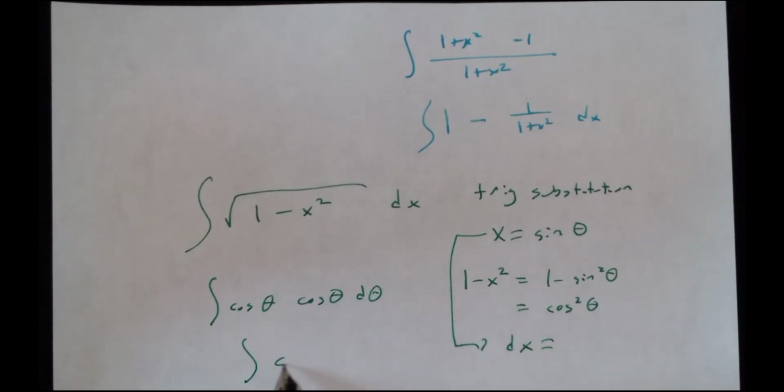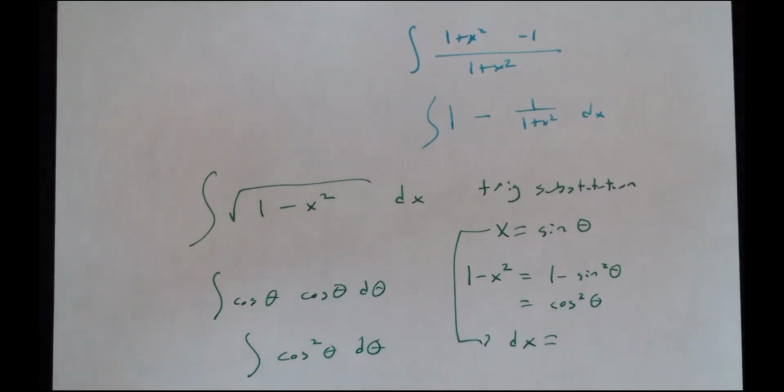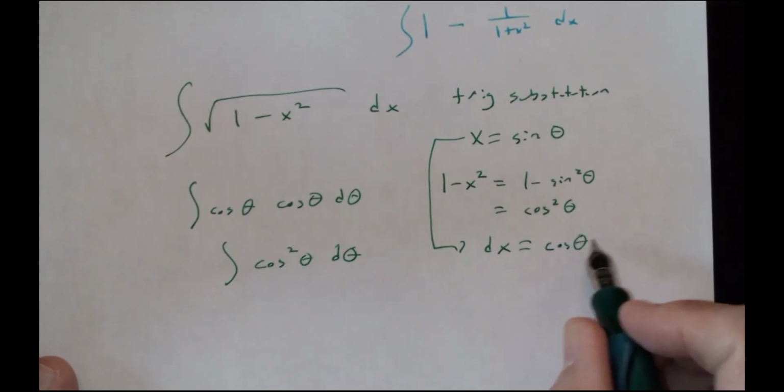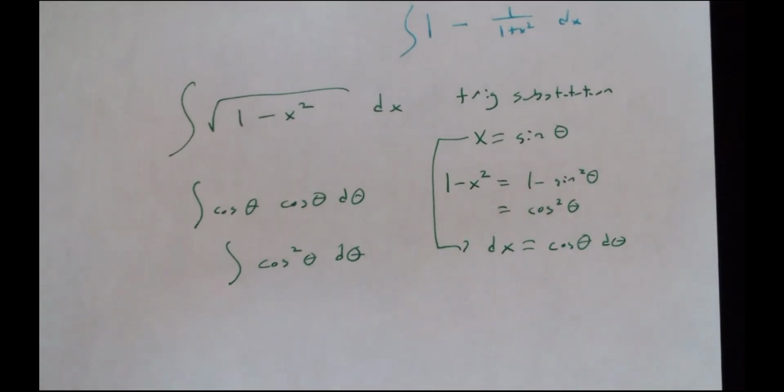Which means this integral is now the integral of cosine squared theta d theta. And that's chapter 7, section 2, integrals of trigonometric functions.